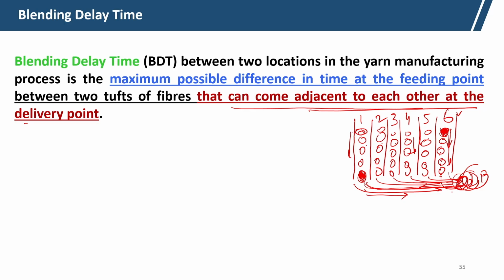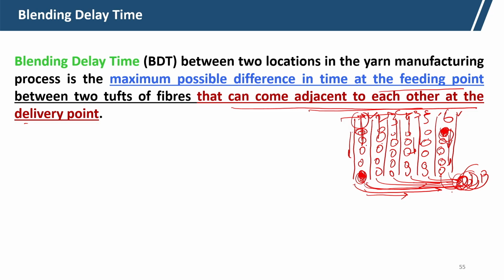So, their chances of coming adjacent to each other are more. But this fiber is fed earlier. So, the maximum possible difference in time of feeding: this one is fed earlier than this fiber. This fiber is fed later, because feeding in the chamber through the feeding system is in this portion, downward.